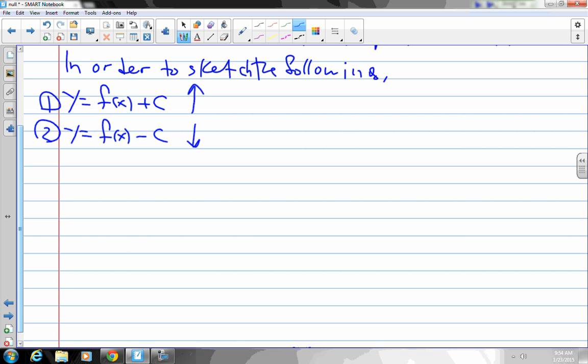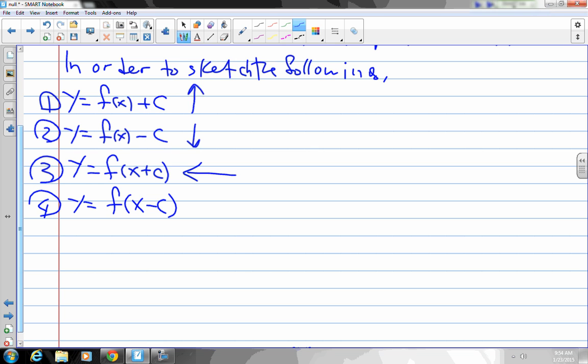Down. Up c units or down c units, right? Now, if I do y equals f of x plus c on the inside, where do I go? Left. And if I do f of x minus c, we'll move right.